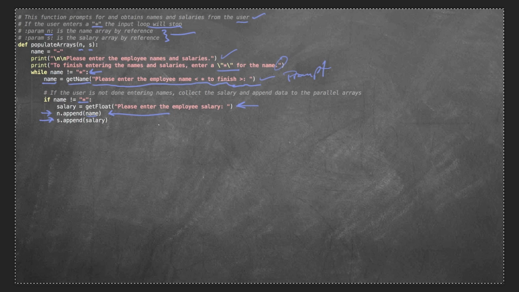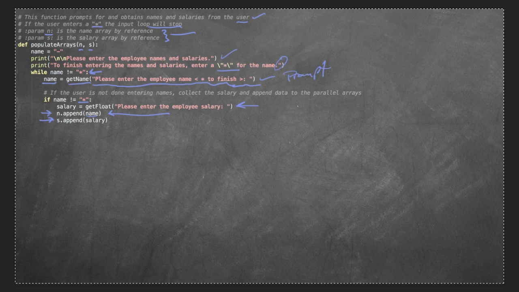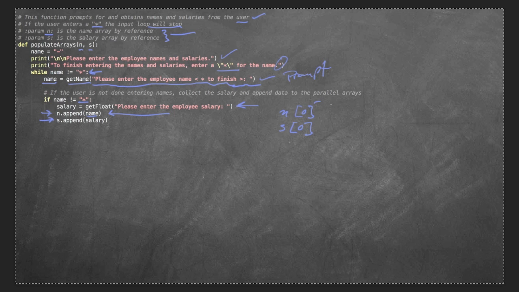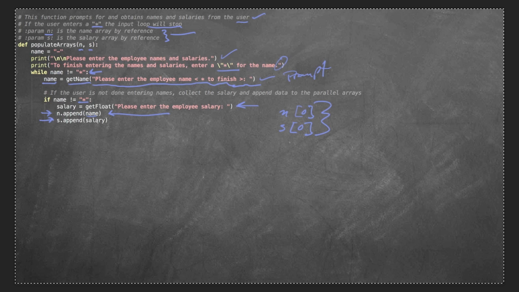Let's assume that this gets run for the very first time. That means that the index of the array is at 0. N sub 0 and S sub 0 are expecting some kind of data. So you can see right away that these two pieces of data are related. They're linked together because we're dealing with what is called a parallel array.